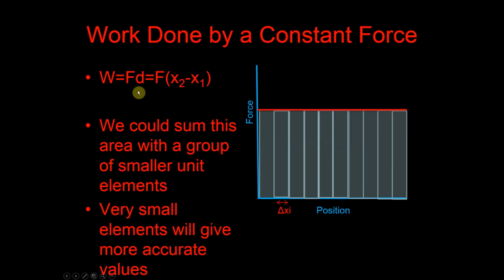Work will be force times displacement, or force times x2, our final position, minus our initial position. And remember, this is displacement, so it's a movement from one position to another, where it ends up versus where it starts, not the total distance traveled. But taking the integral of your Fs graph will give you W, work.